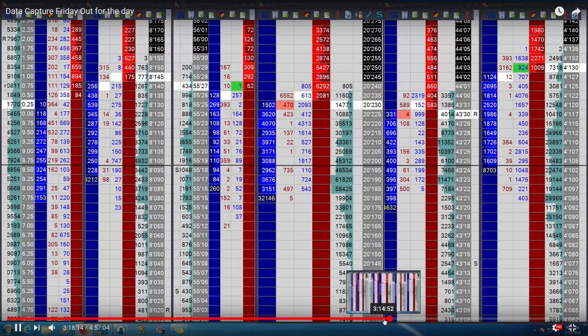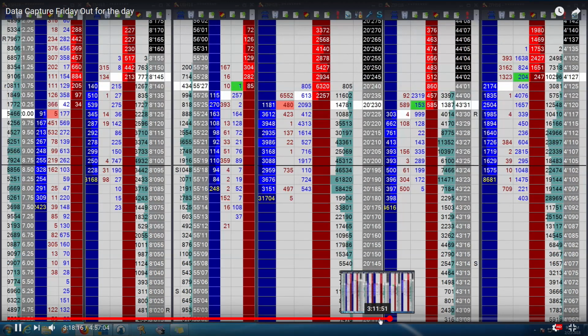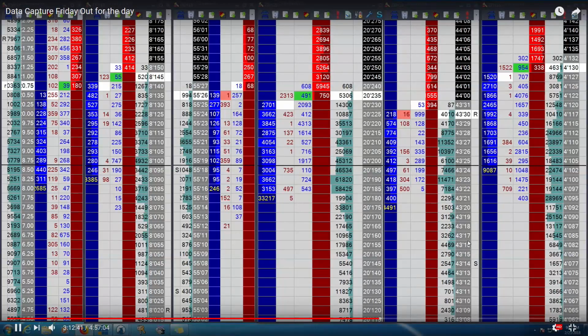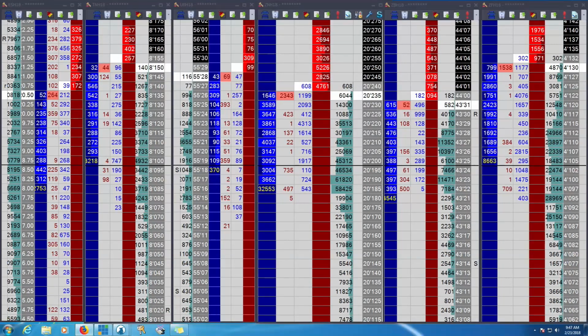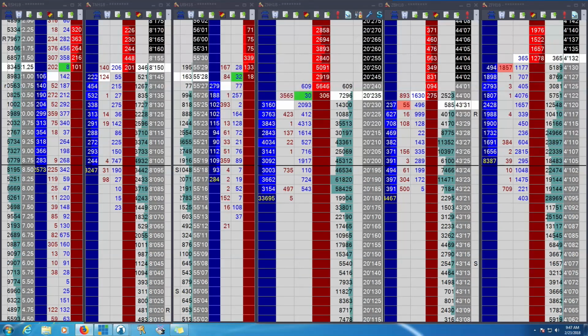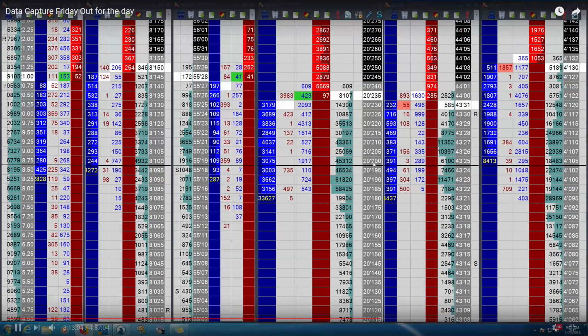It did have aggressive tick backing, didn't it? 1244. Let's see if it had aggressive tick back. A few seconds here, boom. Well, it's not going to have aggressive tick back. Actually, it does. No. Nothing's hitting the next price above. Okay.